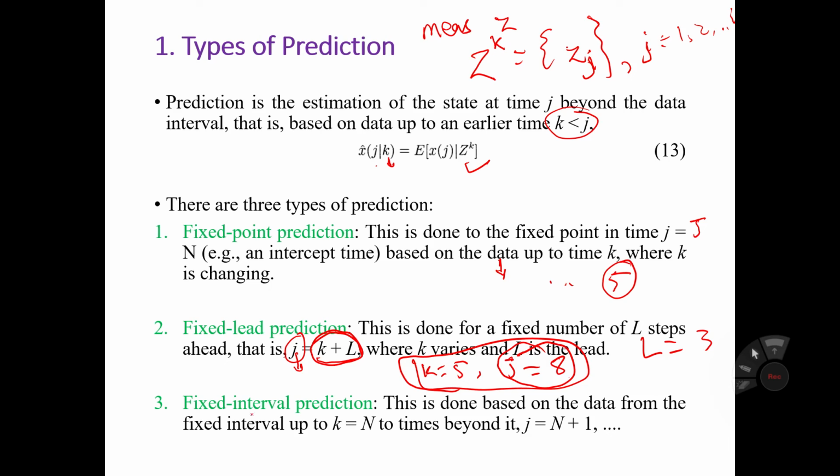And in this fixed interval prediction, this is done based on the measurement data from the fixed interval up to time k equals n. Here k equals n means the measurement up to n scans is already known to you, like this one.